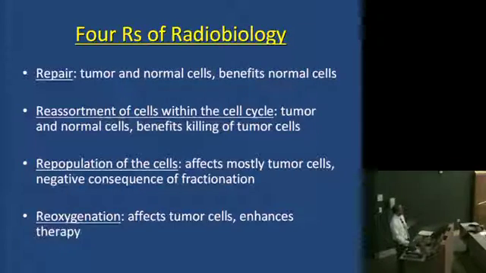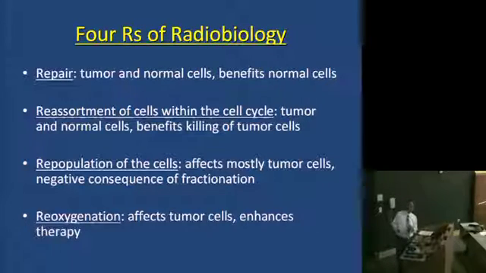So modern radiation therapy is done in fractionated form. A typical course of radiation is 1 treatment every day, 5 to 6 times a week, for a period of 6 to 7 weeks. So there are 4 R's of radiation biology. One is called repair. So essentially when you are fractionating the radiation, you are getting preferential repair of the normal cells, because normal cells tend to repair from lethal and sublethal damage much more efficiently as compared to the tumor cells.